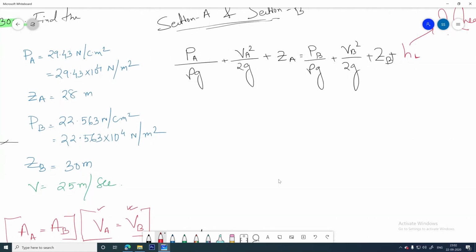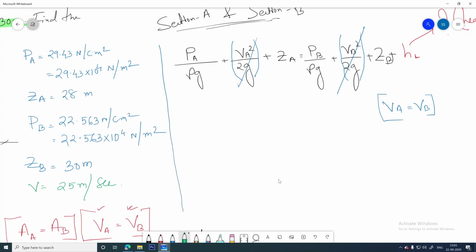Now we can eliminate these two terms, that is VA square by 2G and VB square by 2G. These two are equal. Why equal? Because we know that VA is equal to VB, right? So that is why we can eliminate these two things. Now we will put all the values, okay? What is the value of PA? PA is 29.43 into 10 to the power 4.